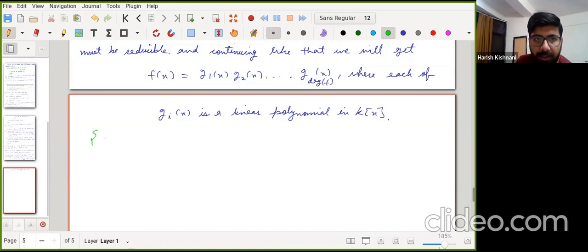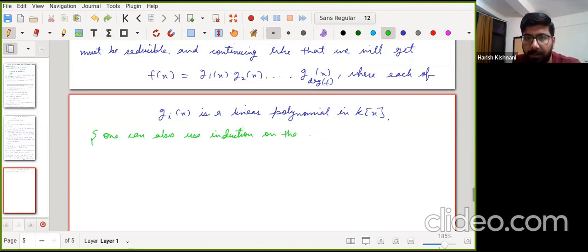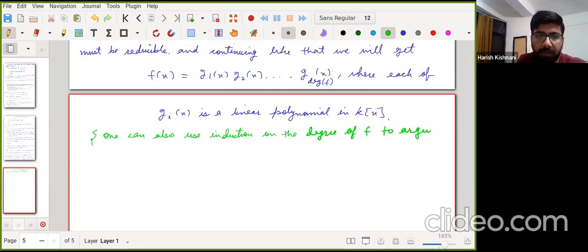So just writing this, one can also use induction on the degree of f to argue this. Okay, so the claim is satisfied, right?